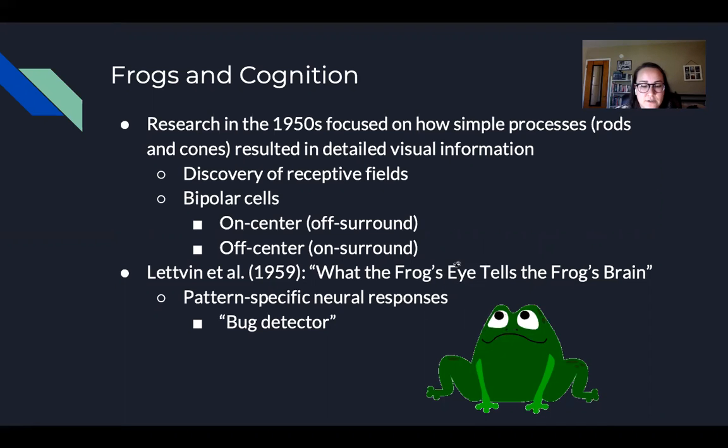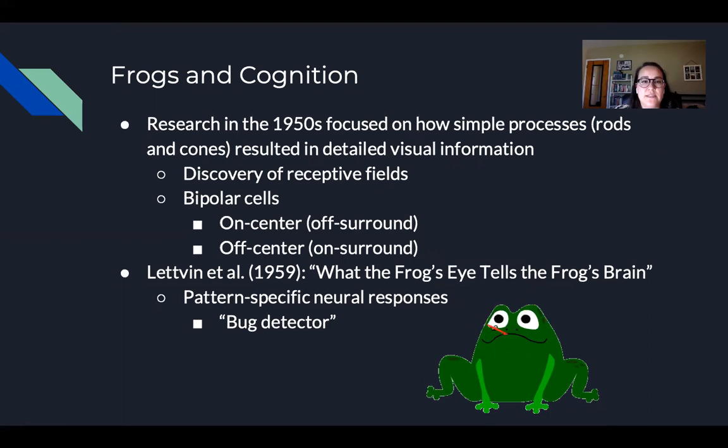These on-center bipolar cells respond or fire when light hits the center of their receptive field, and they don't fire when the area surrounding the center is hit by the light. So they turn on when the center is hit by light, and they turn off when the surround is hit by light. So, pretty straightforward name.